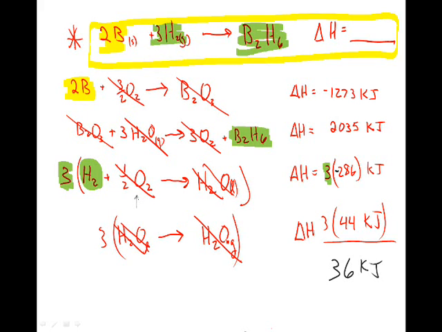Now I just need to add these together, 3 times this enthalpy and 3 times this enthalpy, add it all together, and I should get the change in enthalpy for this original reaction that was our goal. And that change in enthalpy is 36 kilojoules for that reaction the way it's written. Well, that's Hess's law, and we will enjoy some more problems with that, I am sure.